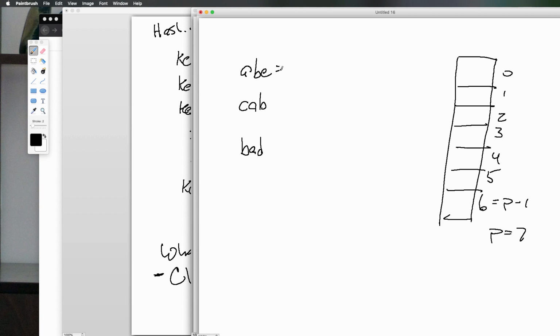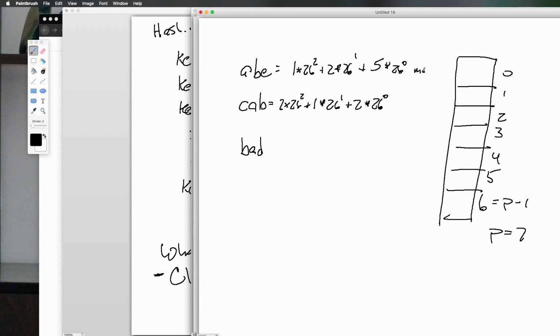So A would go to 1 times 26 squared plus 2 times 26 to the first plus, let's see, A, B, C, D, E is 5, times 26 to the 0. Cab would go to 2 times 26 squared plus 1 times 26 to the first plus 2 times 26 to the 0.